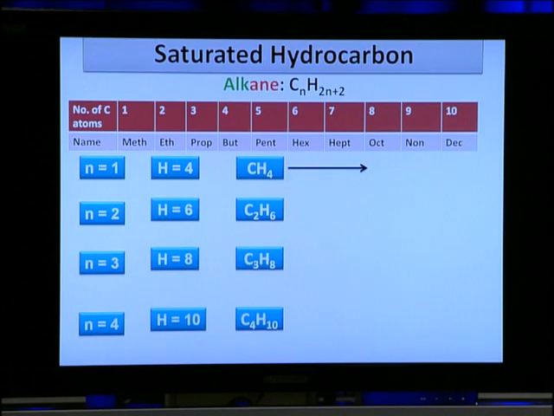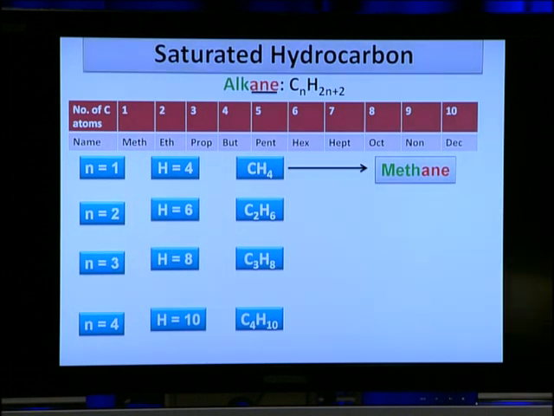Now, what should be the name of this compound? This compound CH4 has only 1 carbon atom. Therefore, we can assign the prefix meth to this compound and add ane from the name of the alkane, that is ane, as a suffix. So we have the name as methane.